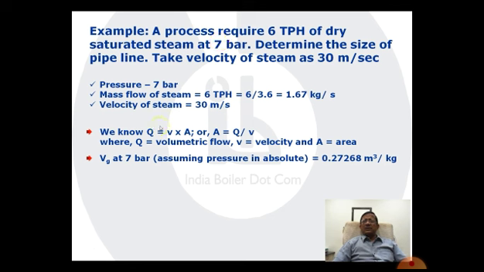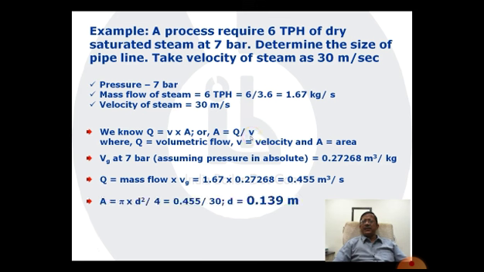So the volumetric flow Q will become mass flow into Vg, that is 0.455 meter cube per second. Now, area is equal to Q by V, and area is pi d square by 4. I can find out d, the size of the pipe, as 0.139 meter. I can also give you the nearest size, this comes to 6-inch size. So I can say a 6-inch pipe would be required.